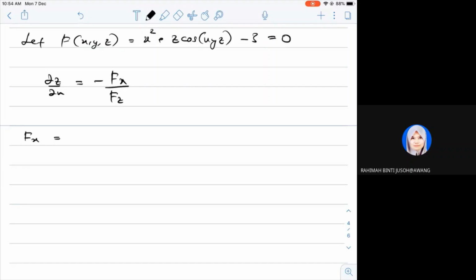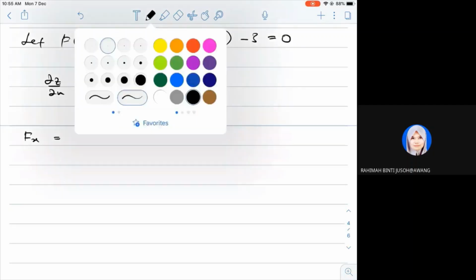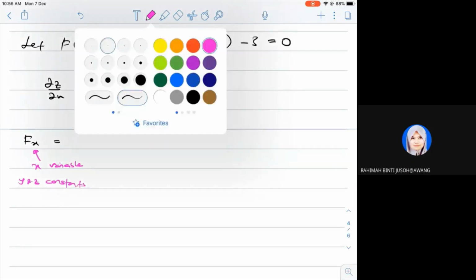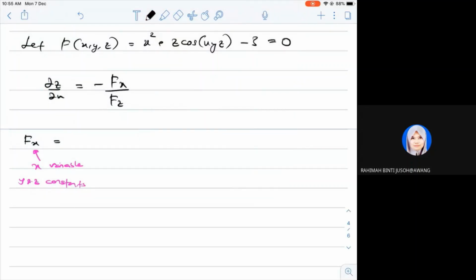Fx, differentiate with respect to x. Since we are differentiating with respect to x, of course x is the variable, and then y and z become the constants.